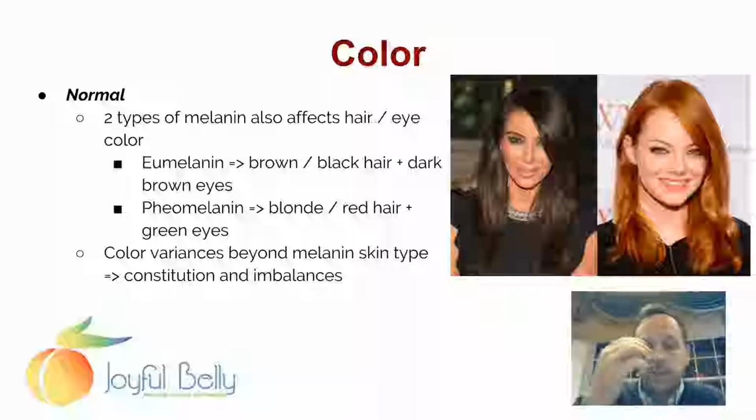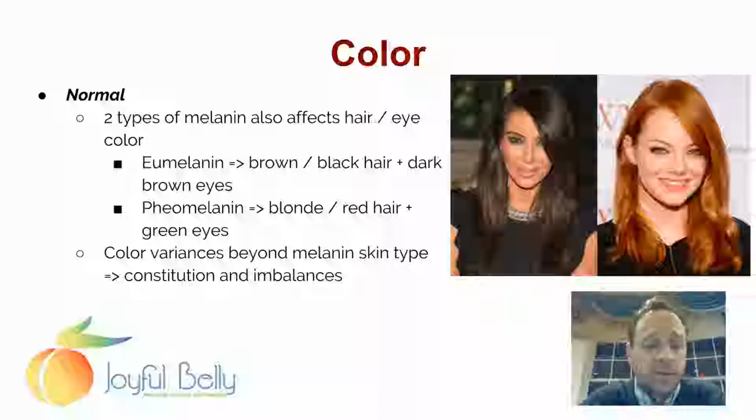So color variances, this, by the way, does not indicate any pathology, right? This is just normal, natural, genetic, ethnic coloring to the skin, probably adaptive for whatever environment your ancestors lived in, and the degree of their sun exposure, which depends on latitude primarily, but also lifestyle, right?